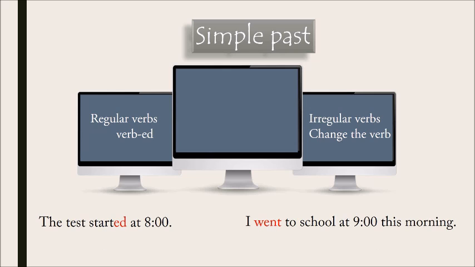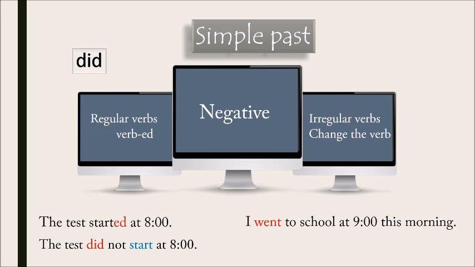But what if I want to make the negative, to say not? We said that we can't put not with the main verb. We need a helping verb. For simple tenses, we said that the helping verb is the verb do. But this one, it will come in the simple past and becomes did. Let's see the example now. The test did not start at 8 o'clock.